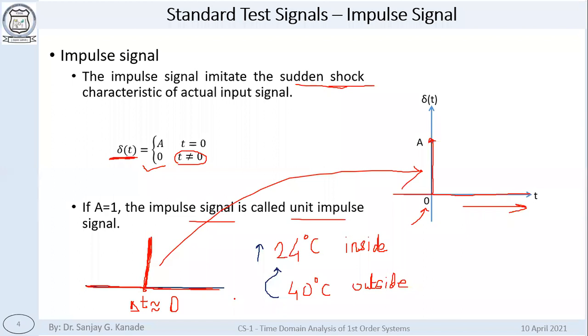Another example, in electrical terms, you can say a voltage spike comes in, a very high voltage spike, but for a very short duration, a fraction of a second. What happens in that case? Some devices may fail, some devices may still work, right, against high voltage spikes of short durations.